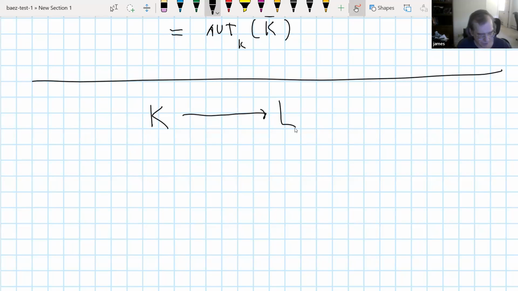So we've got a homomorphism from the absolute Galois group of K to Z mod 3, and that is what you're calling a Z mod 3 torsor over K, or over the spectrum of K. There are all sorts of different ways of saying it.